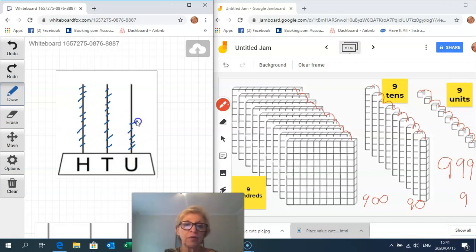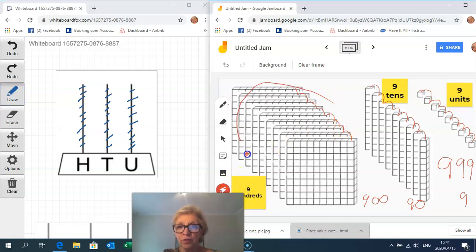It's 1, 2, 3, 4, 5, 6, 7, 8, 9. But it looks very different, doesn't it? On the Abacus, it looks as if they all look the same. But in actual fact, this here looks very, very different. So look, that is your 900. That is your 90. And that is your 9 units.